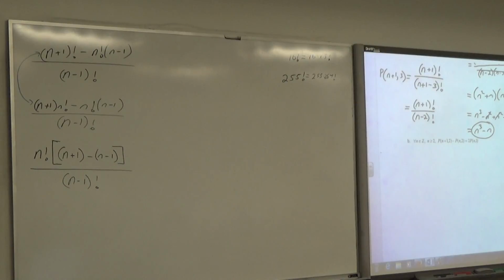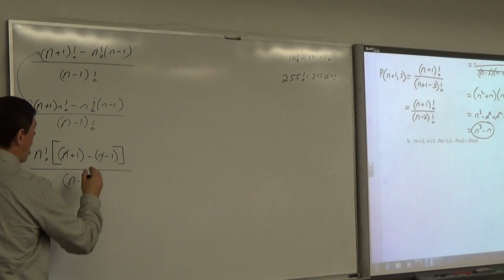All right. What's the next thing that we could do that's almost obvious? Guys, just combine like terms. Distribute the negative, and then combine. If I combine everything inside the square brackets, what does that work out to be? N minus N, the N's go away because they're opposites.